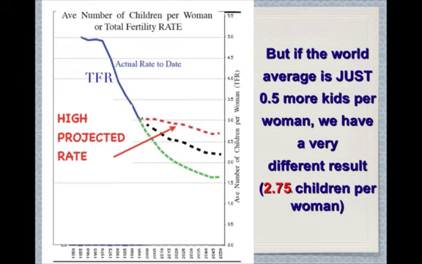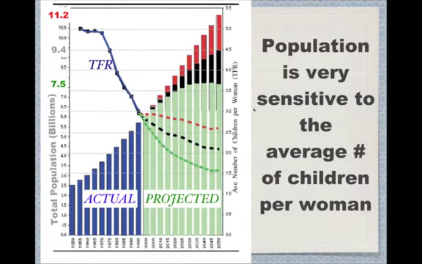Now this makes a big difference. The difference between 2.25 and 2.75 is just half a child. But this is very sensitive to how many children per woman the average woman has worldwide, because it makes a big difference. Now we'll see what happens.